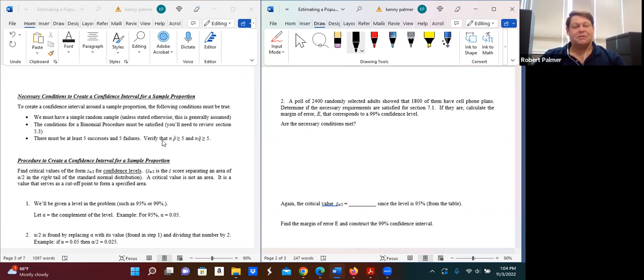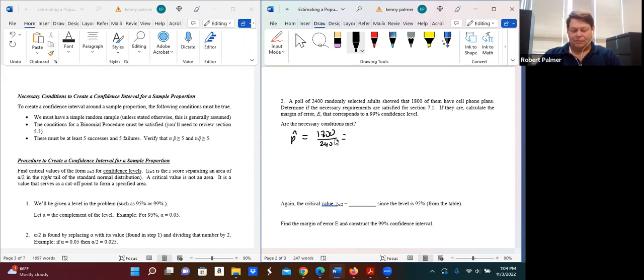It must be at least 5 successes and 5 failures. We can also check that. This time is a little bit different. Instead of giving us a proportion, it just says 1,800 of them have cell phone plans. So we should find our proportion. First, our p hat, our sample proportion, is going to be 1,800 divided by 2,400.